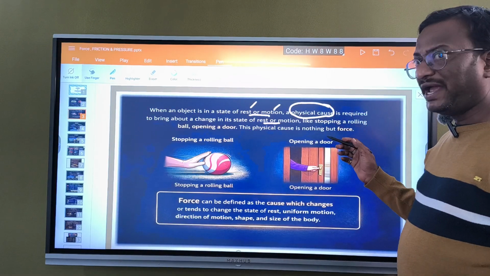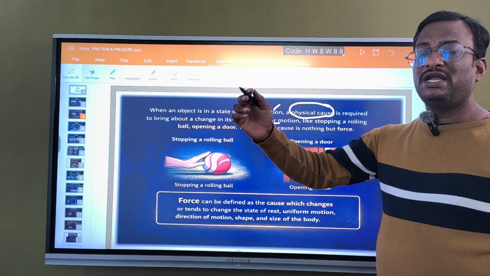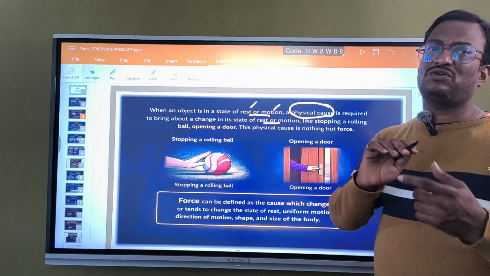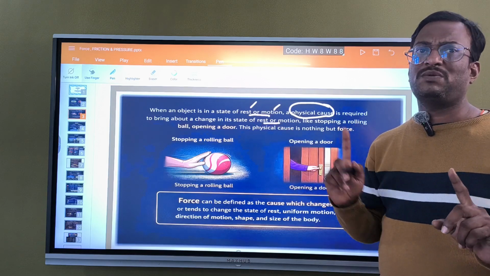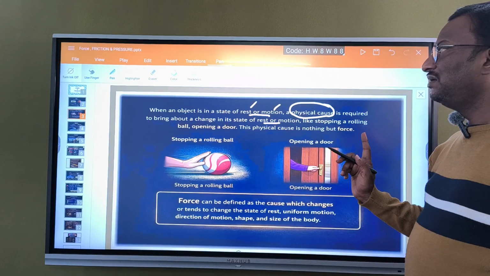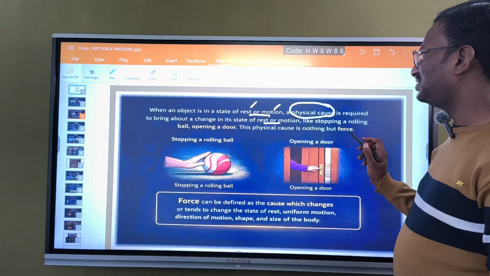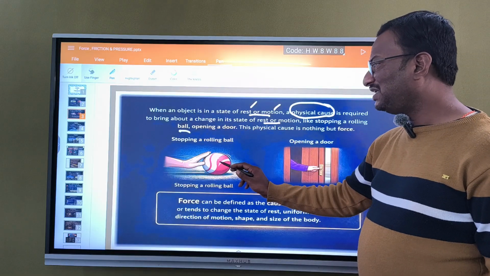So either the body is at rest or the body is in motion. In order to bring a change in either body, the body at rest or the body in motion, we need some sort of force, right, to change the state of motion. Like stopping a rolling ball. The ball is rolling now.